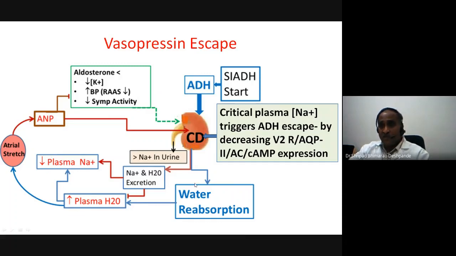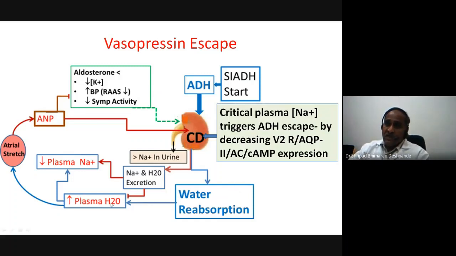Now to tell you here, this water reabsorption induced by ADH is independent of any other factors, that is sodium or other electrolytes. So that means it is a free water reabsorption. It is not related with any electrolytes.